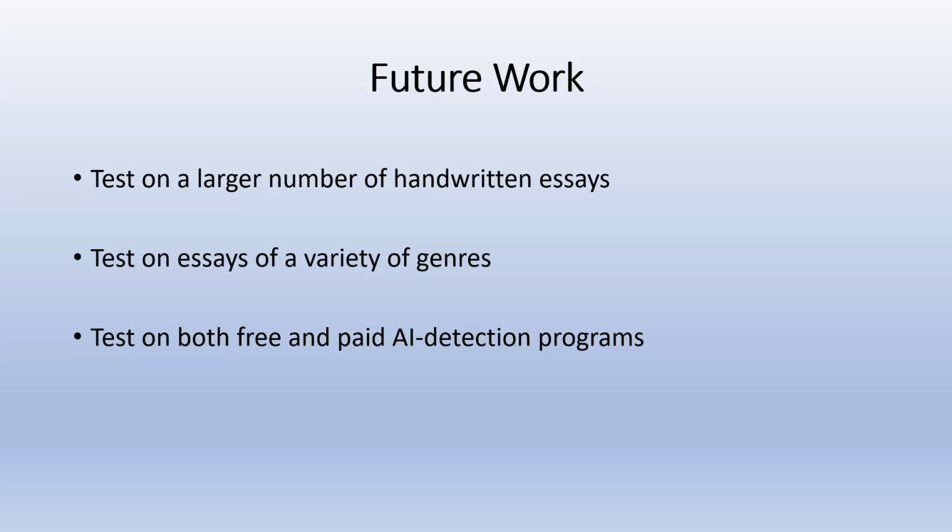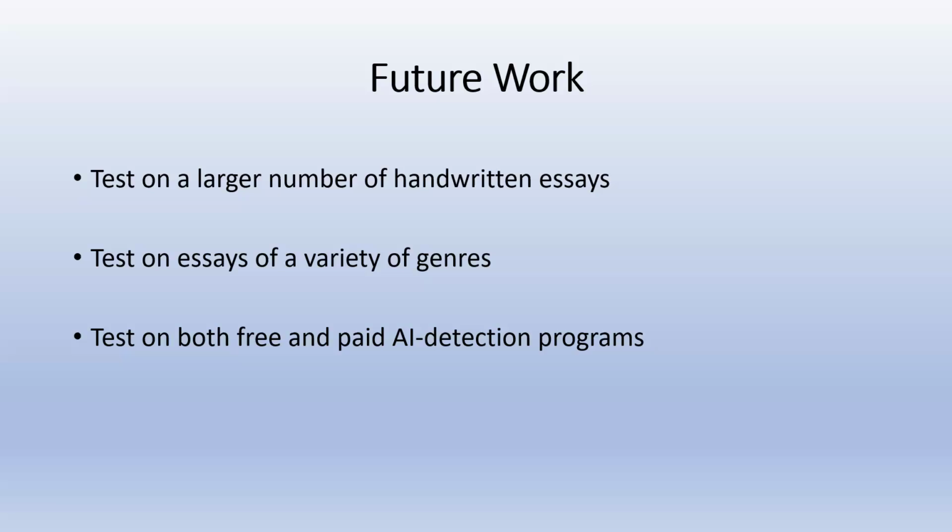Additionally, we should be doing some tests on a wider variety of genres. These handwritten essays were all taken from the same final exam in which students were to write a truncated, persuasive, or argumentative essay. Had we used descriptive essays as well as informative essays, we would have probably been able to find a wider variety of features and maybe more conclusive results.